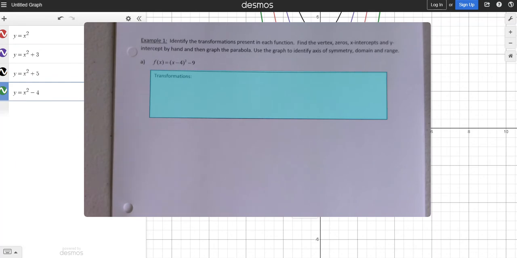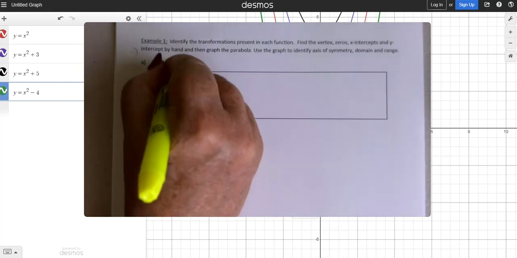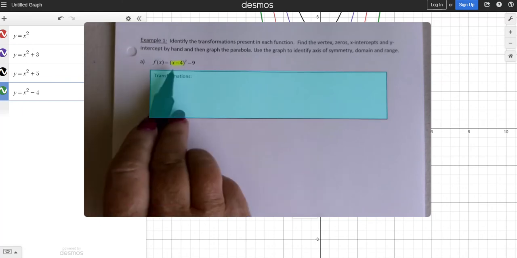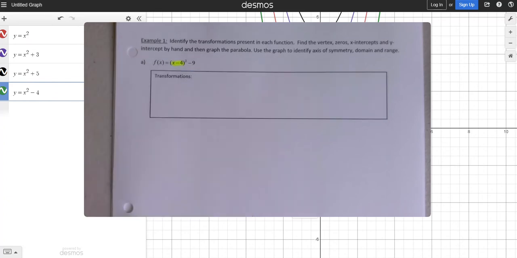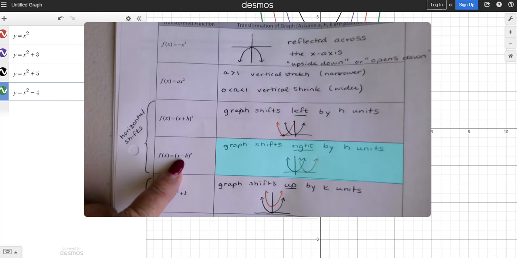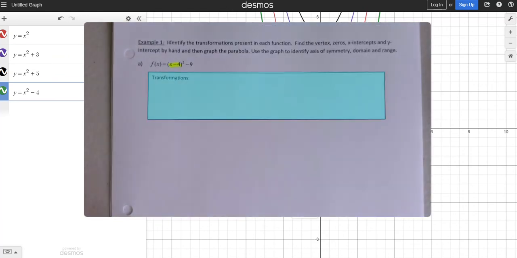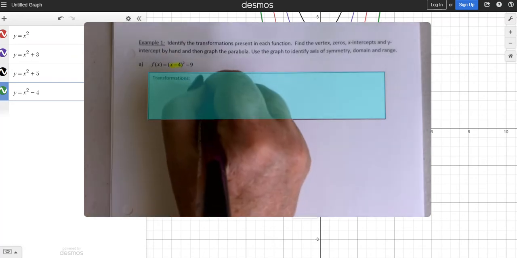As I look at this, I'm going to notice that inside the parentheses, I've subtracted 4 from my x. Remember, inside the parentheses is a horizontal shift. And because this one is minus, it's to the right. When it was minus, the graph went to the right. So I'm going to say first, right 4 units.